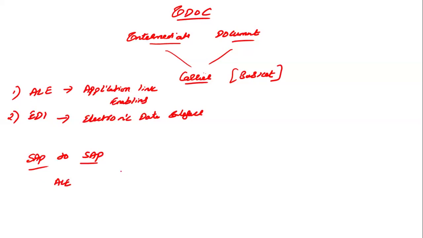If you are transferring the data from SAP to non-SAP, then we will be using the EDI. Or it might also be vice versa. If you're transferring the data from SAP to non-SAP system, or if you're going to get the data from non-SAP to SAP system, then in both the cases, it is called EDI.